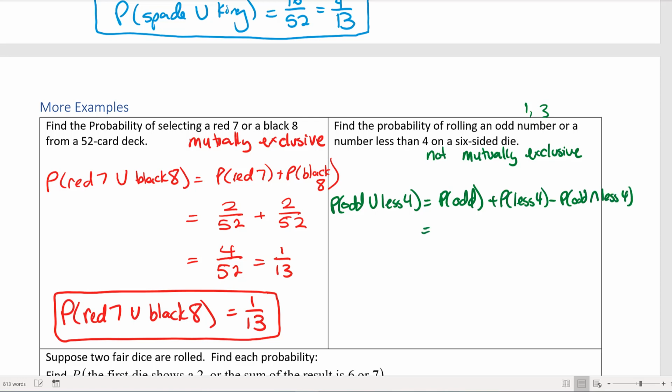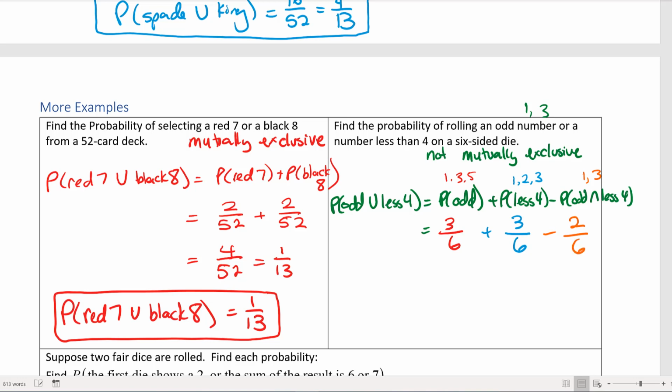So the probability of odd. For the odd things, we have 1, 3, and 5 are the odd numbers, so that's 3 out of 6. For less than 4, 1, 2, and 3 are all less than 4, so that's again 3 choices out of 6. And then we're going to subtract off those that are both odd and less than 4, which 1 and 3 are both odd and less than 4.